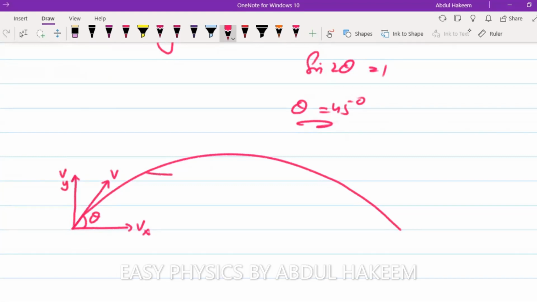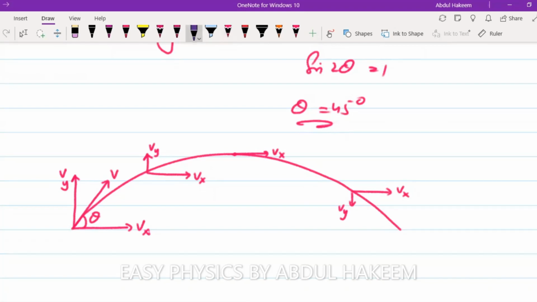But at this point, the vx is the same in magnitude, same in direction, but the vy decreases. And at this point, only vx, no vy. At this point, the vx is the same, but the vy is now increasing in the opposite direction. So horizontal acceleration is 0 in the absence of the air.